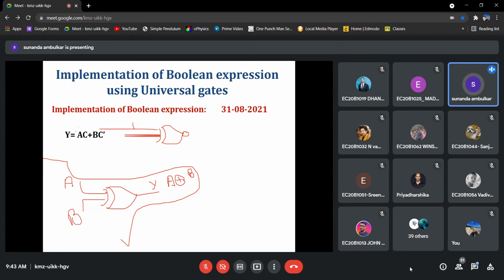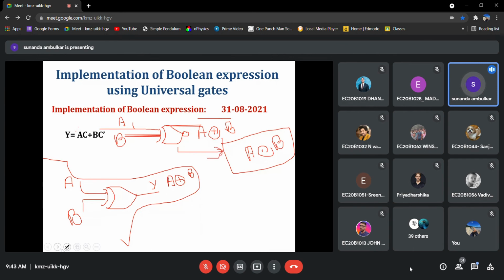Okay, suppose this is A, this is B, so it will become A exclusive-OR B bar, or this will be B. This is the symbol for this one, and this is the symbol for the exclusive OR, and this is for the exclusive NOR.